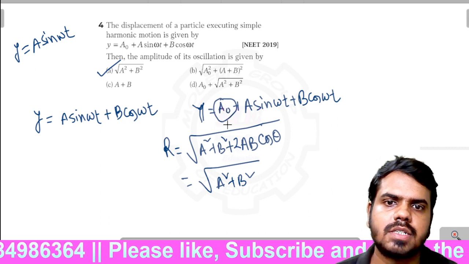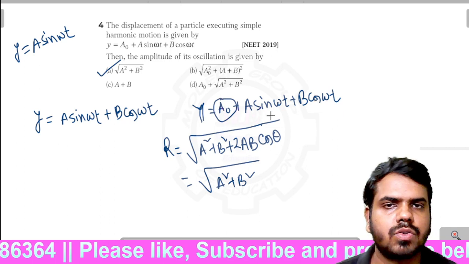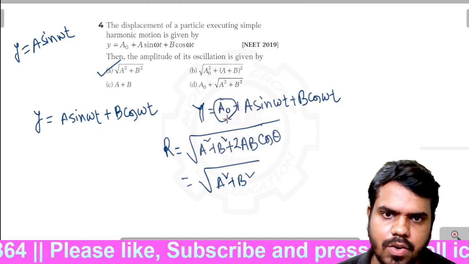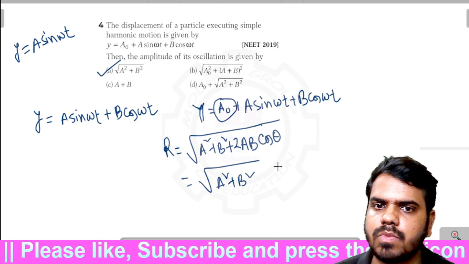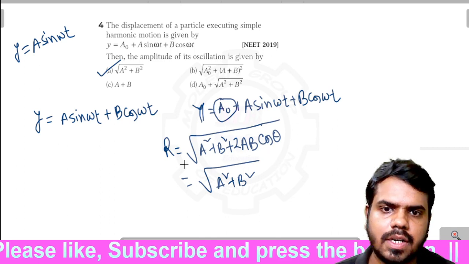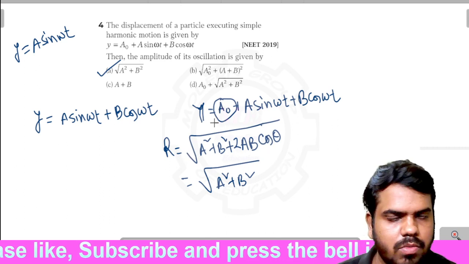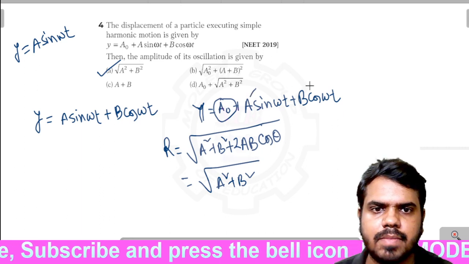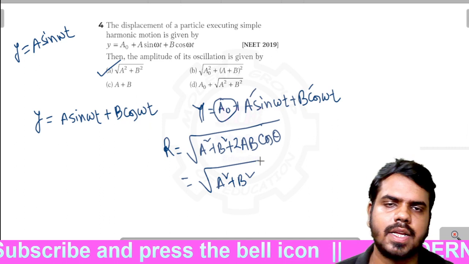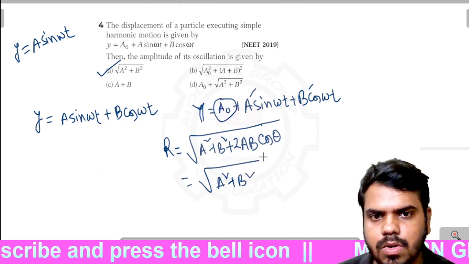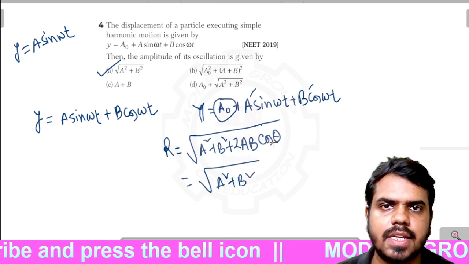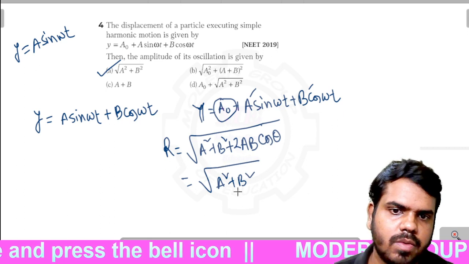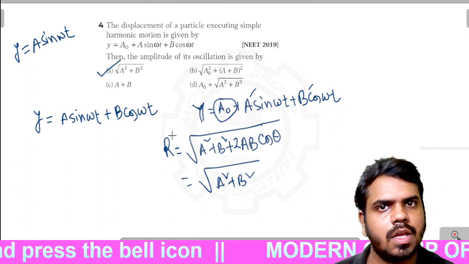If we write the amplitude formula, it will be root over a square plus b square plus 2ab cos theta. Here sin omega t and cos omega t have a phase difference of pi by 2, so cos 90 is 0. So the answer is root over a square plus b square. Option 4 is correct. Clear?